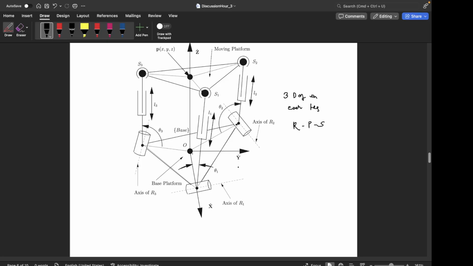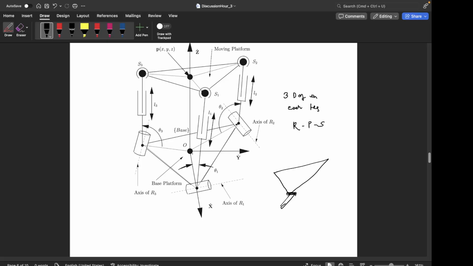So the first link is basically along this base platform itself. Like if you imagine, this is the base platform, and we have a hinge here, this link.